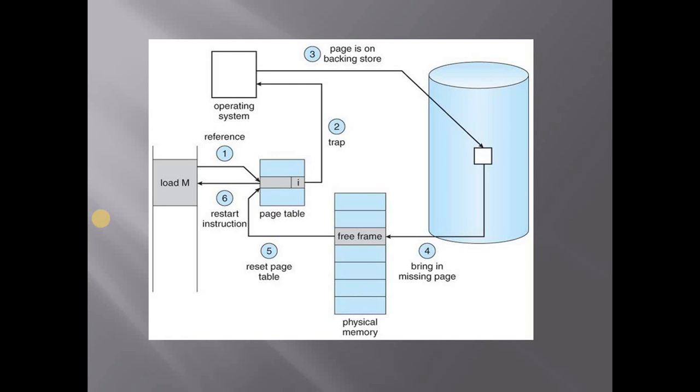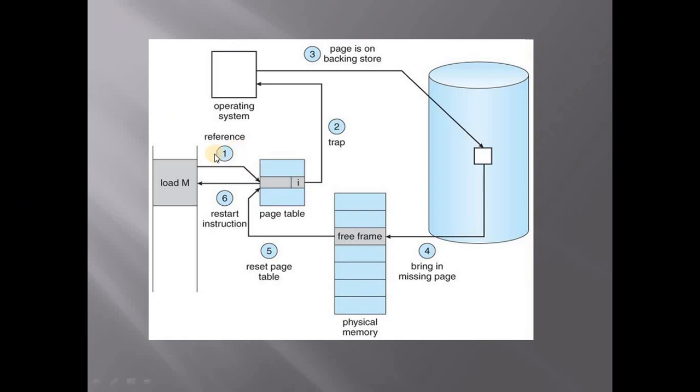So now we are going to see how we are going to implement demand paging. There are some steps which we are going to follow, which you can see in this particular diagram. The procedure for handling this page fault is very simple.